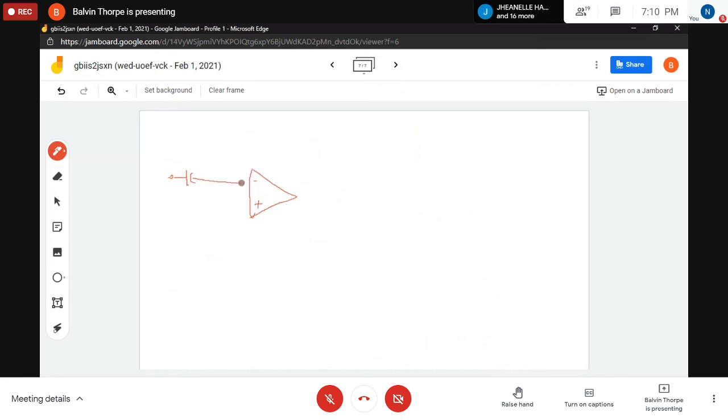And we have a resistor in the feedback network. Ground, of course, as usual, on the non-inverting input. So this is VI. This is RF as feedback resistor. And this is our output voltage, of course.